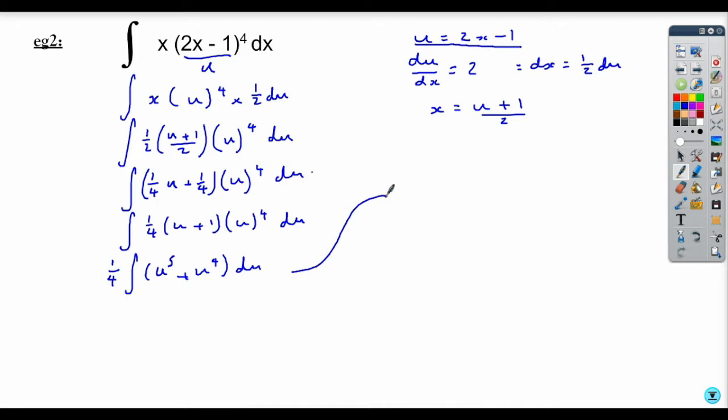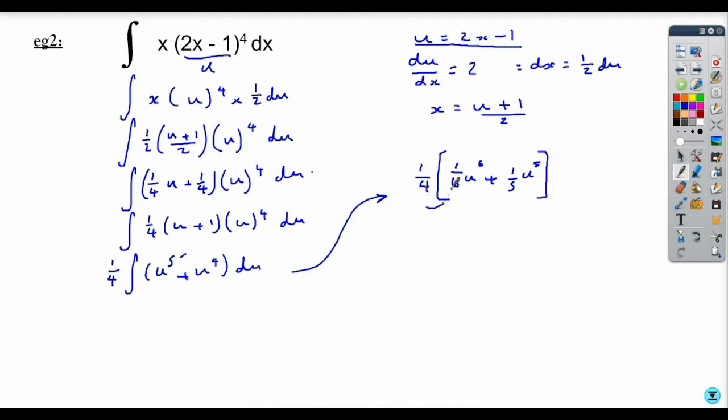So if I integrate this, I'm going to end up with 1/4. Integrating this function, I'm going to have 1/6 u to the 6. Remember, just raise the power by 1 and divide by that. So the second part, raise the power, and divide by 5, I get 1/5 u to the 5.